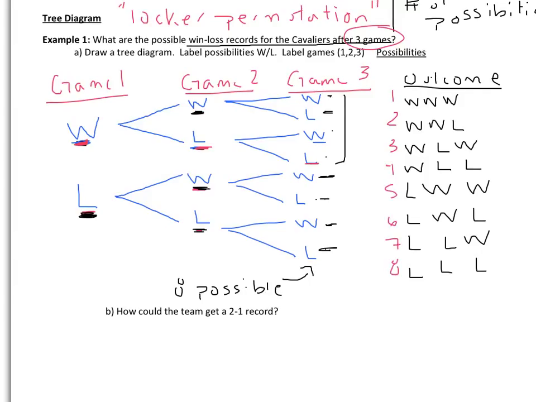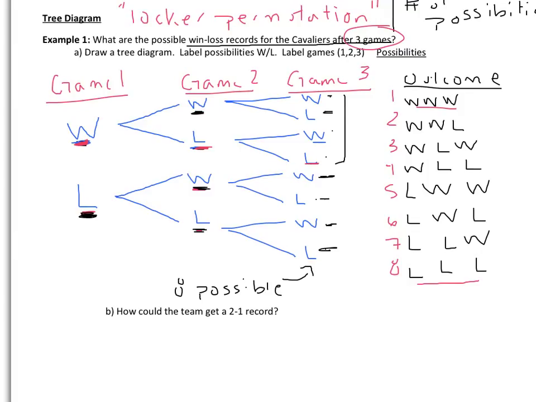If I said, what's the possibility that they're going to win every single game? You could say, there's only one way for that to occur, win, win, win. So that would be a 1 in 8 chance. If I said, what's the possibility that they're going to lose every single game? That's only one way, lose, lose, lose, and that's a 1 in 8 chance. They might lose every single game 1 out of every 8 chances.